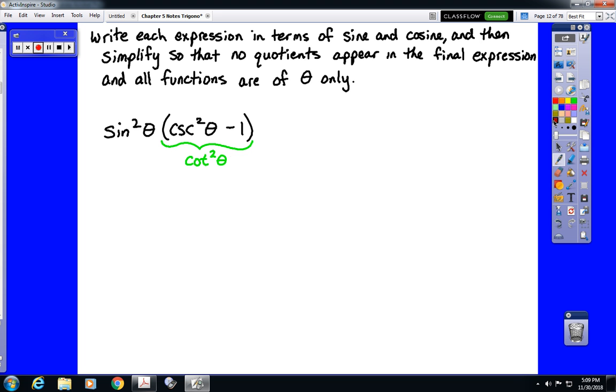So I would replace that with cotangent squared. That would be my first step. So I would have sine squared theta times, and now I would have cotangent theta.